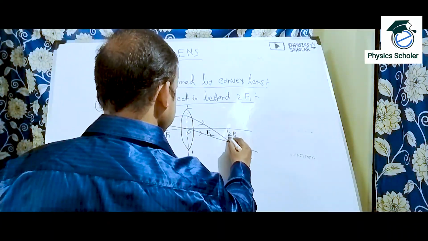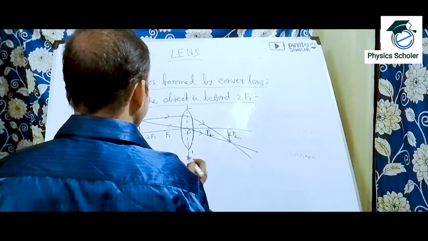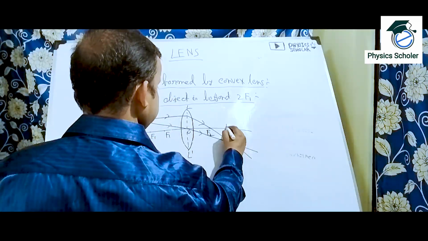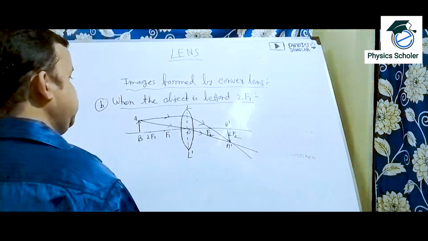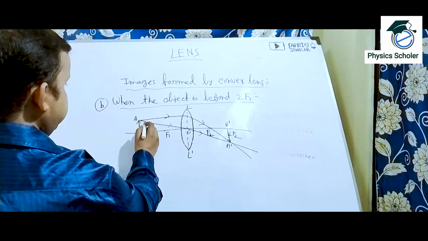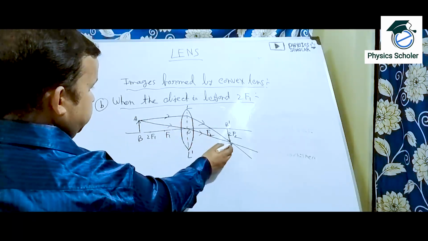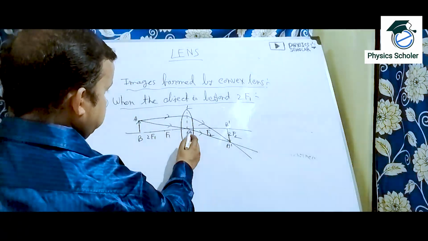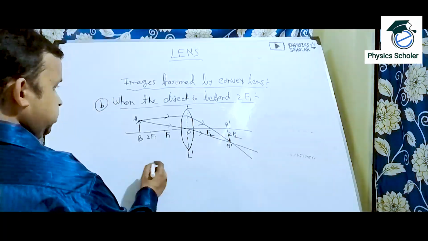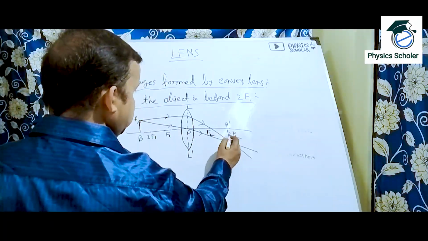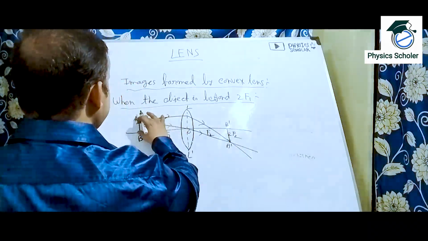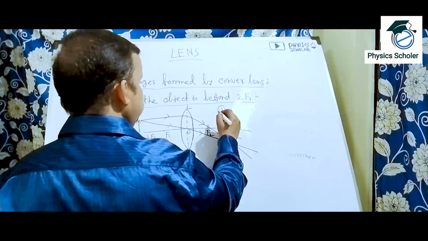So this will be the image. See, a ray of light from this point passes through the principal focus, another ray passes through the optical center, and they meet at this point. If we draw the perpendicular on the principal axis, A dash B dash will be the real image of the object AB.